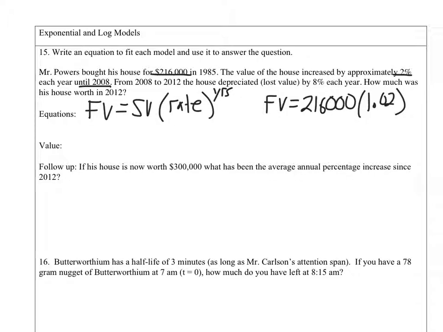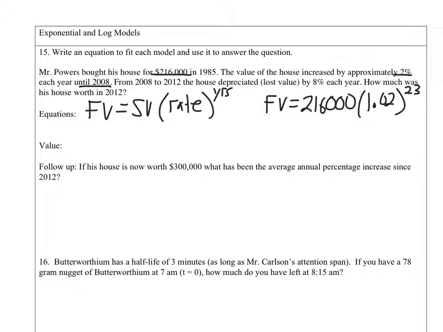And from 1985 to 2008 is going to be 23 years. I'm going to plug that into my calculator. And by my calculator, I mean I'm using Desmos. That's what I have in front of me.